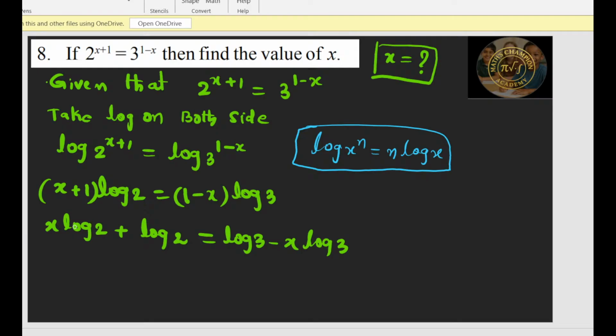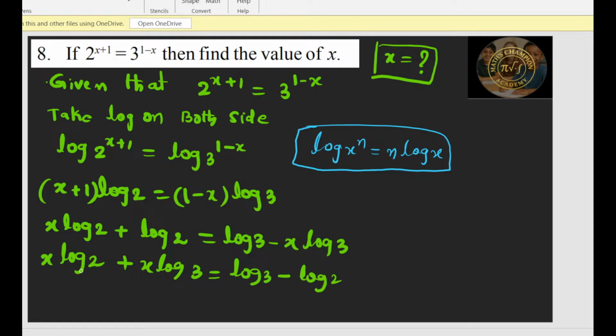Now next, to separate, take the x terms on the left hand side, and the constant terms on the right hand side. So I am taking this x this side. So it will become x log 2 plus x log 3 is equal to log 3 minus log 2.